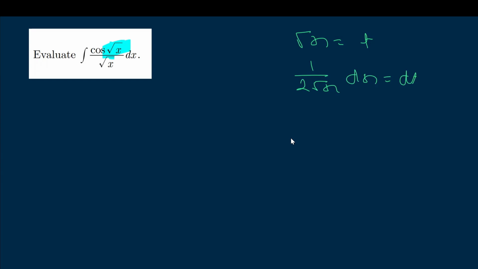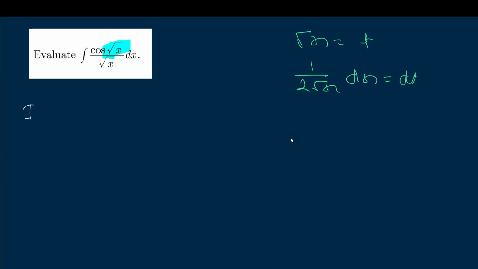Now for this question, we are going to take root x as t, right? So putting root x as t, its differentiation is 1 over 2 root x dx is equal to dt.